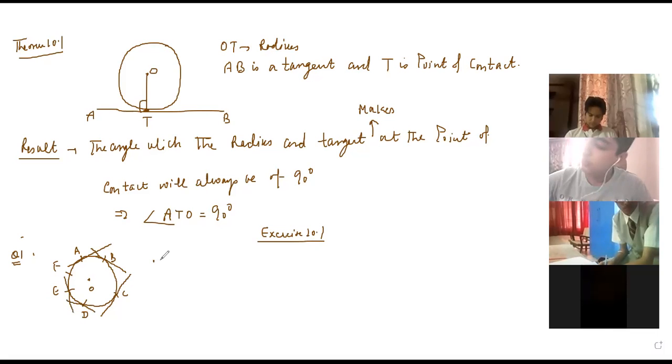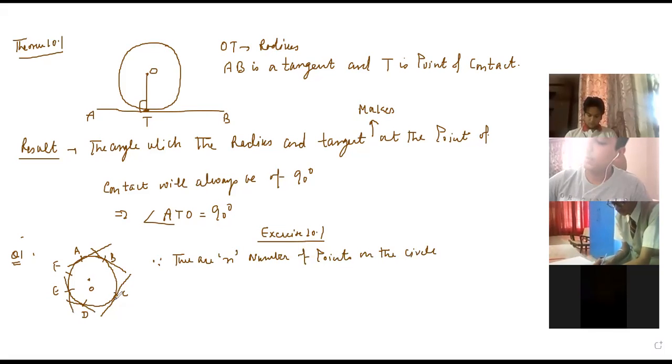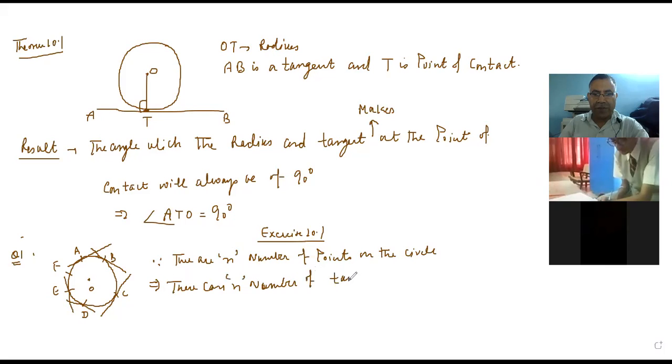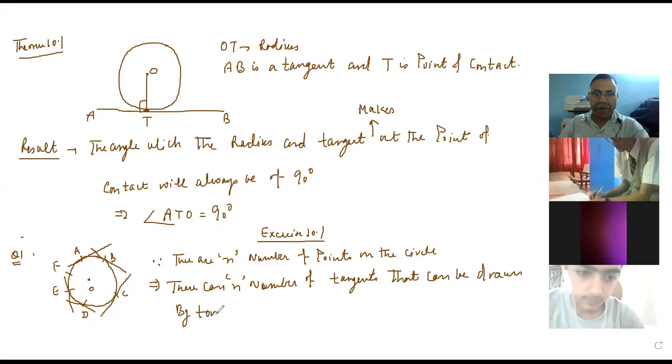Clear? So what is the reason? Because there are n number of points on the circle, which implies there can be n number of tangents that can be drawn by touching these n number of points.